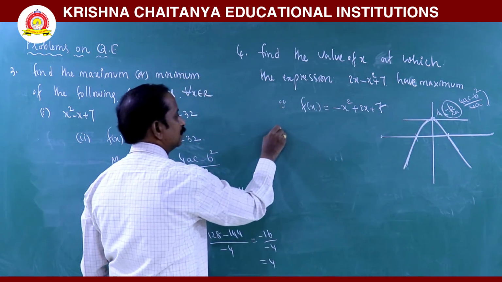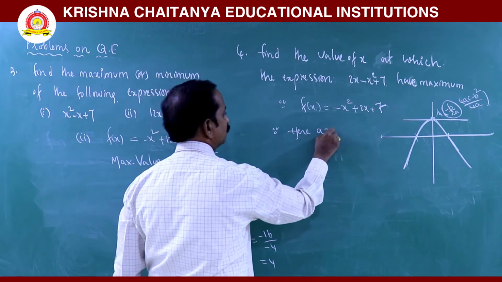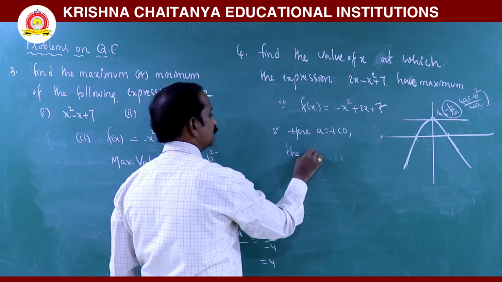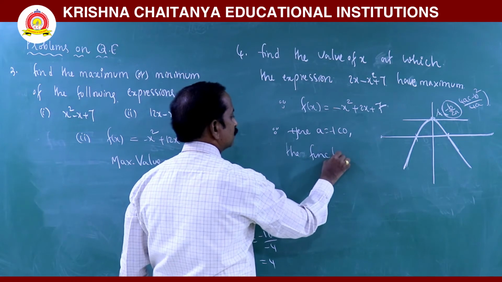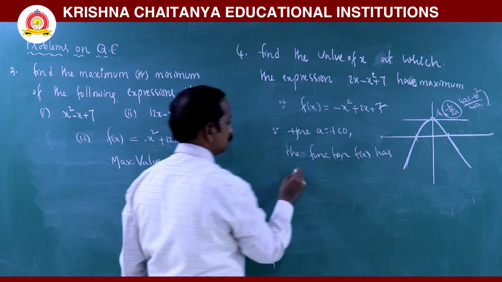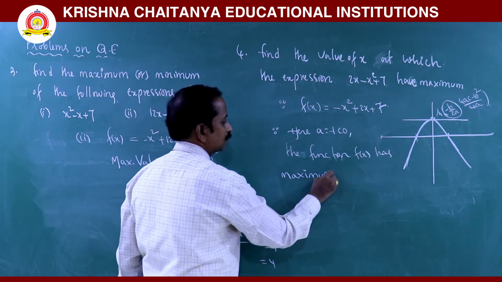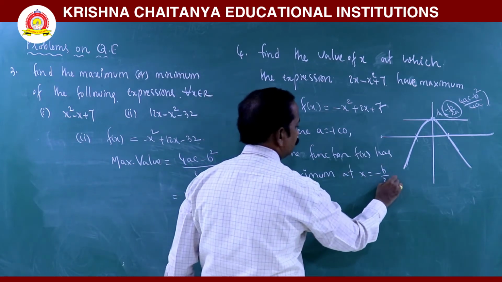So here a, which is minus 1, is less than 0, which implies the function f of x has a maximum at x equal to minus b by 2a.